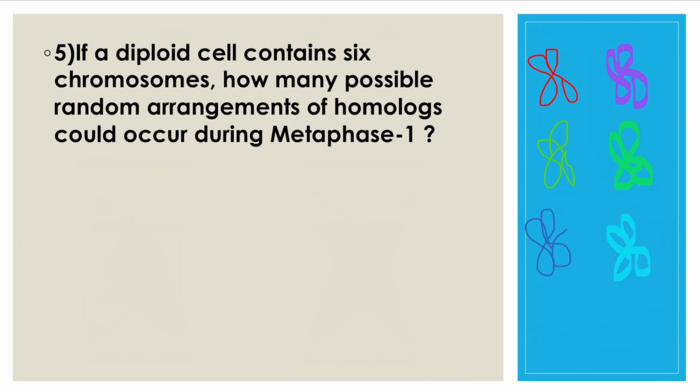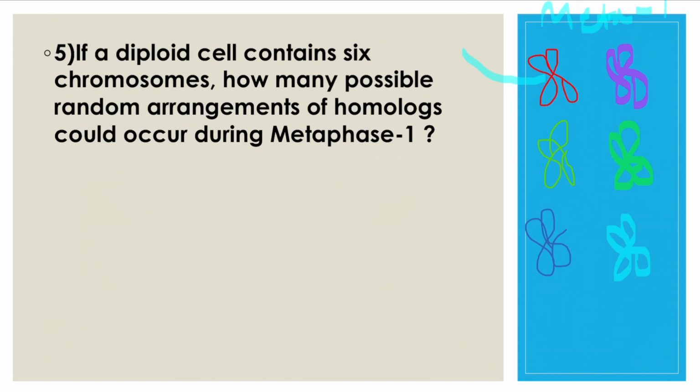So if one cell has 6 chromosomes, or 3 homologous pairs, at metaphase 1 of meiosis, how will they arrange? At metaphase 1, the homologous chromosomes go to two different cells, as the spindle attaches to the centromere of each.